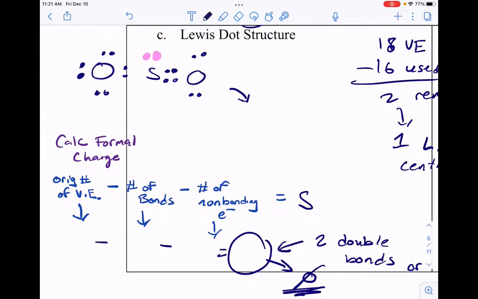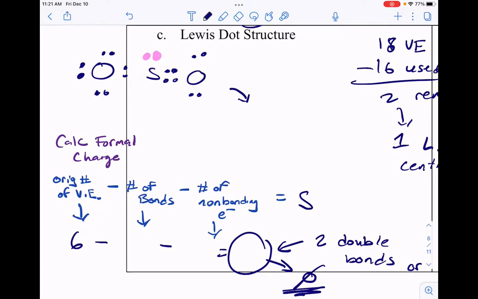And so original number of valence electrons is still 6. Number of bonds is still 2. So I have a single bond and I have a double bond. A double bond, much like your electron geometry and molecular geometry, only counts as 1. So I have 2. Now the number of non-bonding electrons is going to be, oh, actually, no, I take that back. Sorry, I apologize.